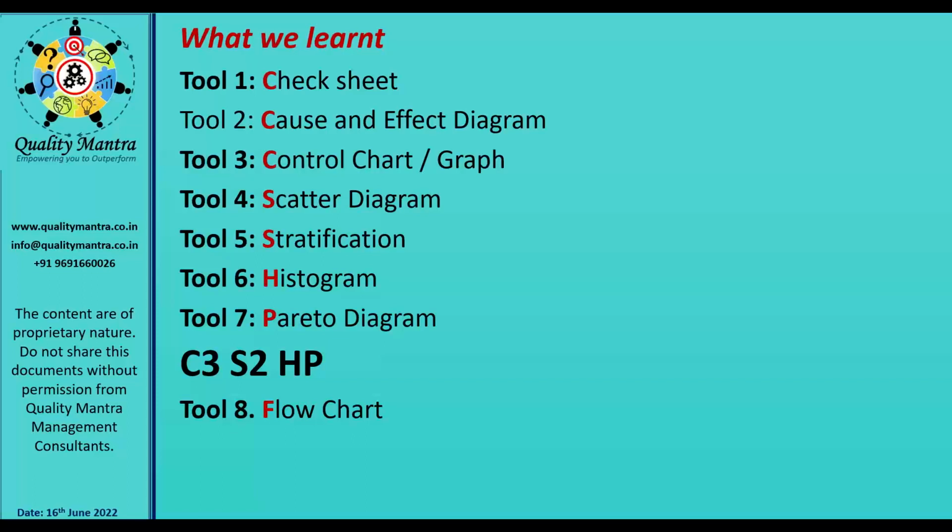A live tool, you can say, which tells you whether your process is moving or running within the control limits, what is the positioning of your process, whether it is moving towards the control limits, and it prompts you to take action before damage is done.